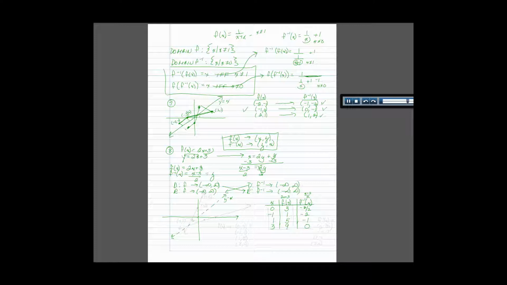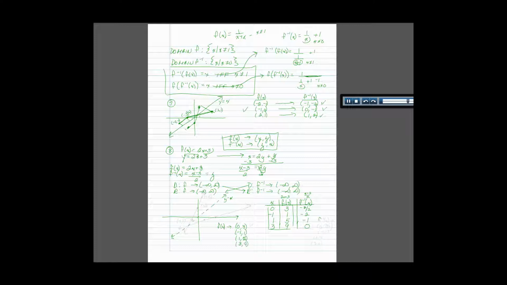If I have my f of x, let's just do those. Some of its points, those are right here. I've got the points (0, 3), (negative 1, 1), (1, 5), and (3, 9).